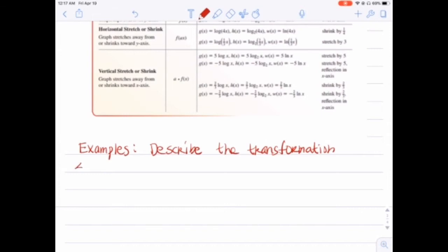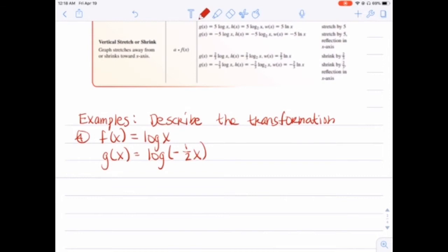which is going to start with f of x is equal to log x. So our common log, remember that's an implied base 10, and our transformation is going to be log of negative 1/2 x. Now the important thing to remember here is that negative signs don't go with the number.